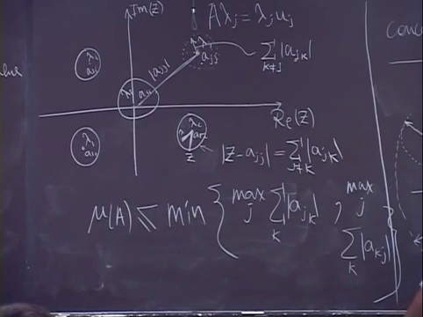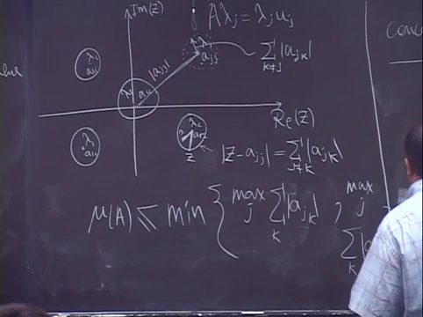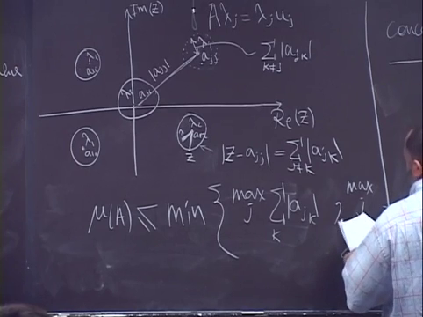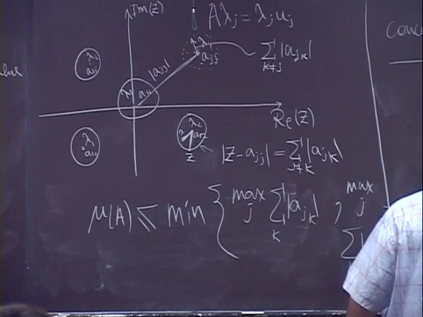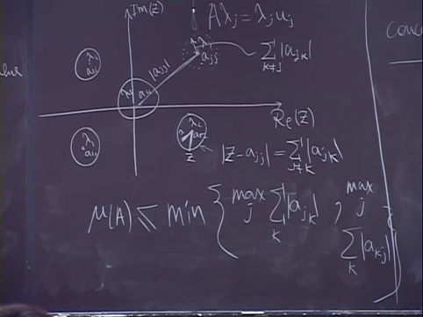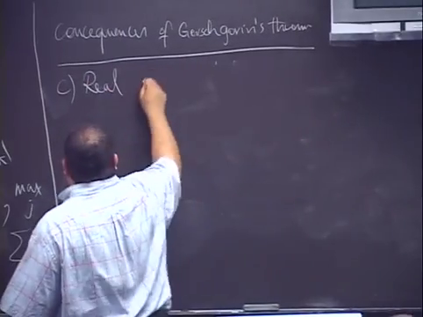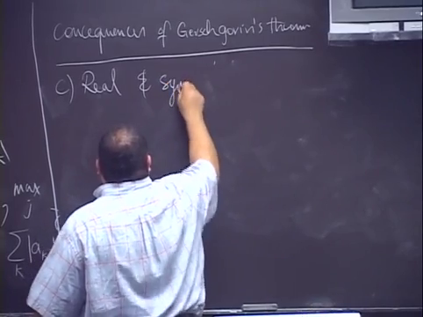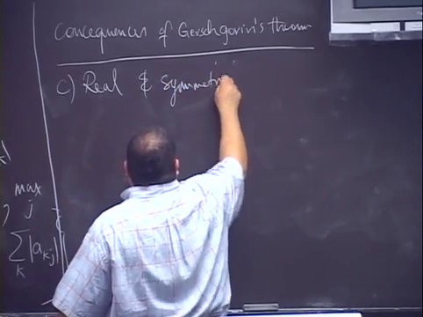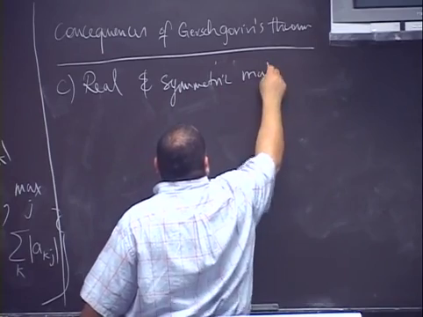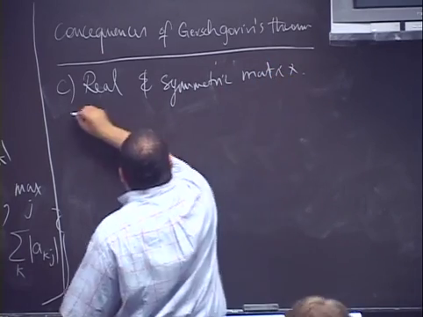other consequences of the theorem, if we have a real and symmetric matrix. Early in the chapter, in this linear algebra and matrices, we stated that the eigenvalues for your real and symmetric matrix will be what? Real.